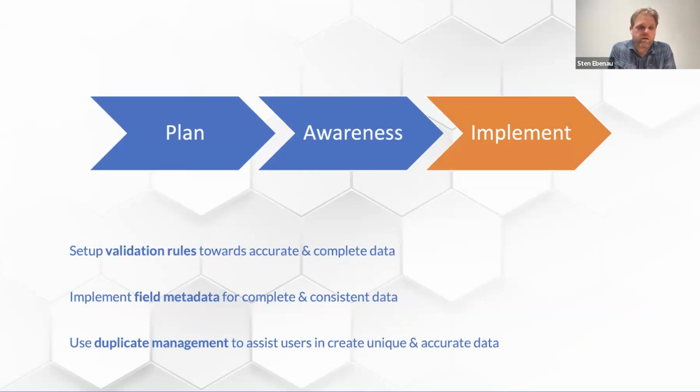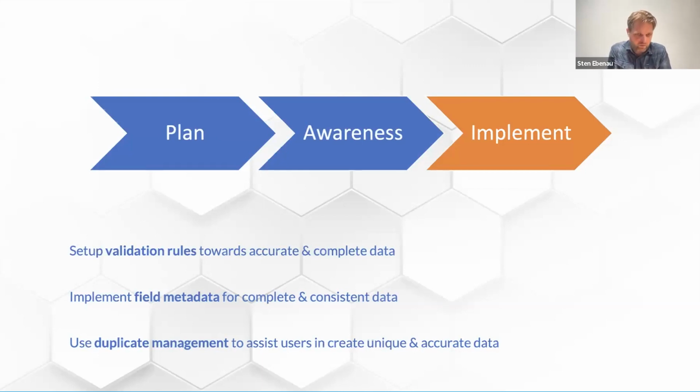If you want to create a record, and it should be at a certain quality, a certain level, use validation rules, use field metadata to make sure that the record is required, that it's filled out properly. Use flows in Salesforce to make sure that some things stick to a certain consistency in your system.